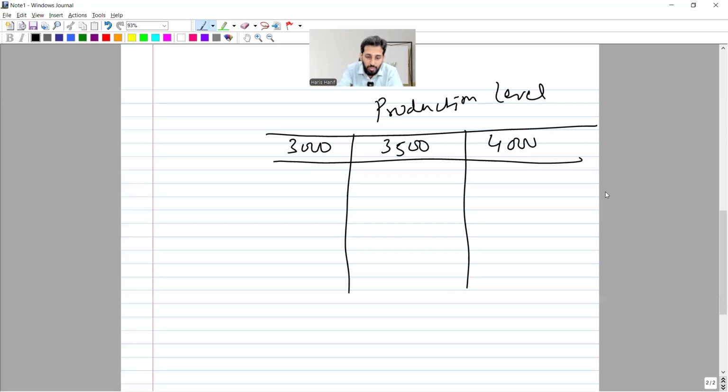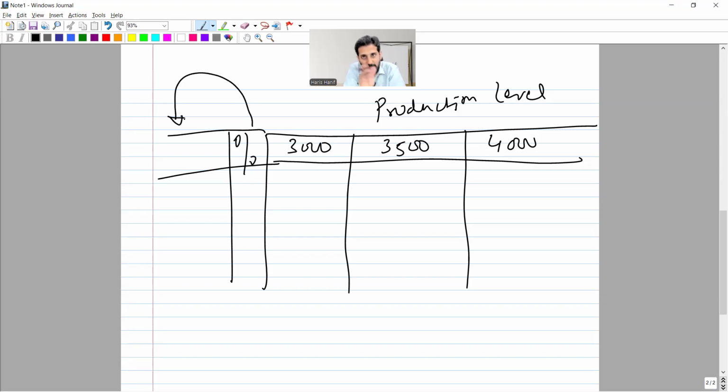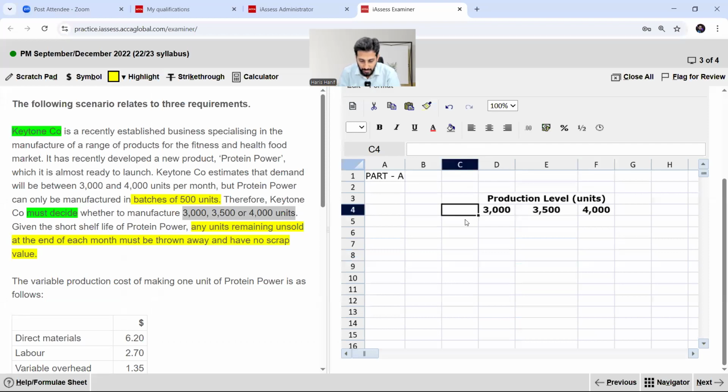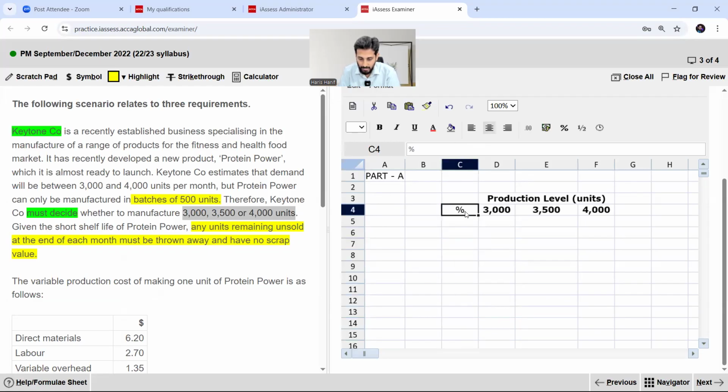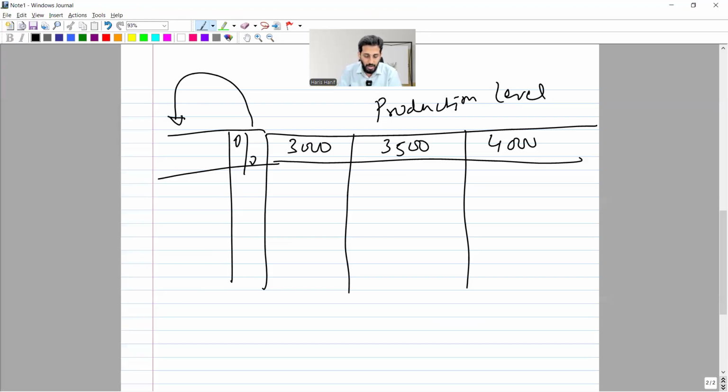Then you have to draw a very small column of probabilities. Then write that thing on which the probability is being applied. That's a very simple point. So here I am writing probabilities, and the next one should be that particular aspect on which probability is being applied, and that is the uncontrollable aspect.